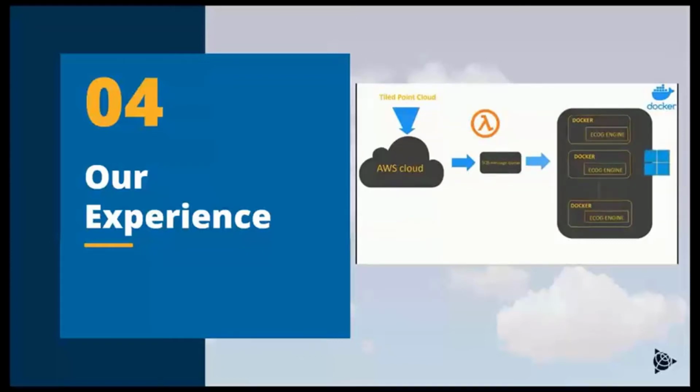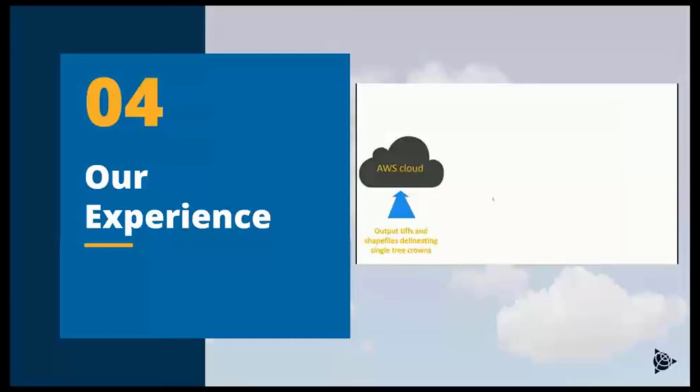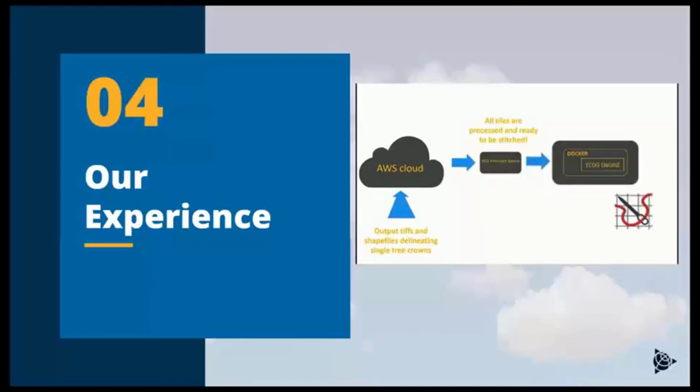Basically, they had classified point clouds, and the point clouds were tiled. They wanted to detect the individual tree crowns in those tiles of point clouds and use it for assessing the risk for transmission and distribution networks.